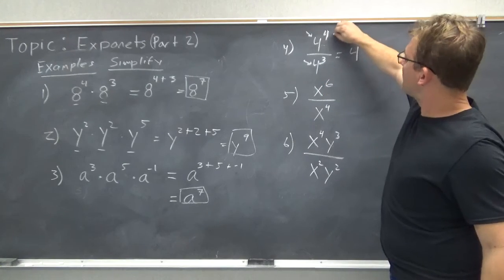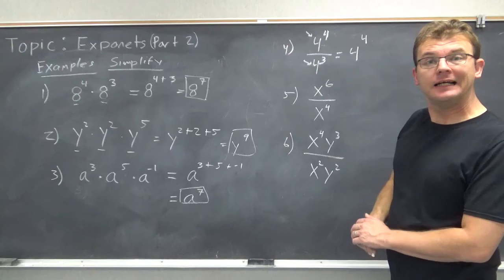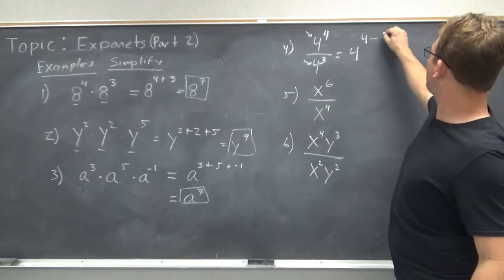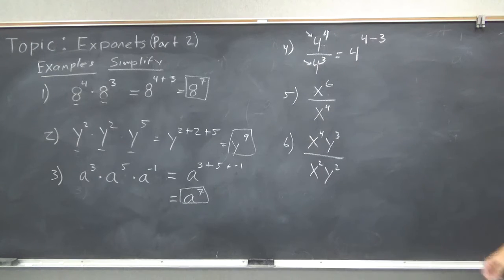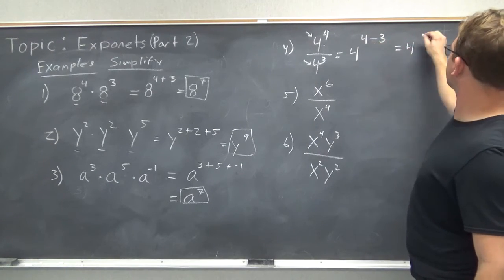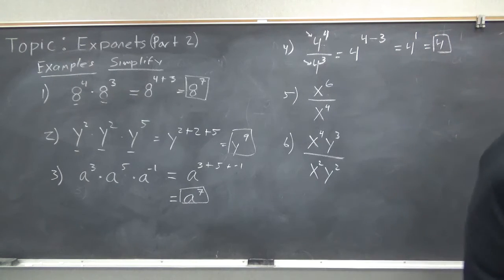We're going to take this top one and subtract that same bottom one. And this goes to 4. 4 minus 3 is 1. 4.